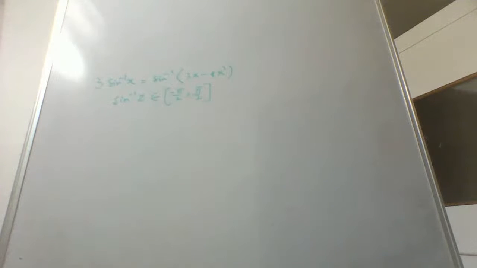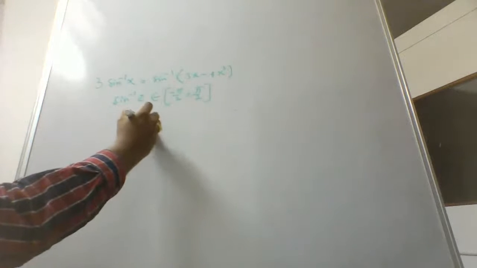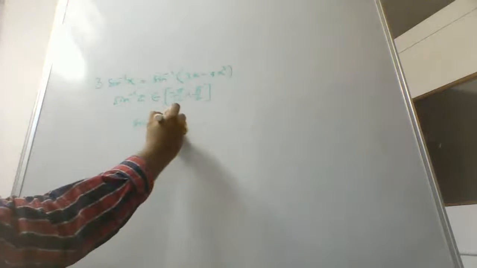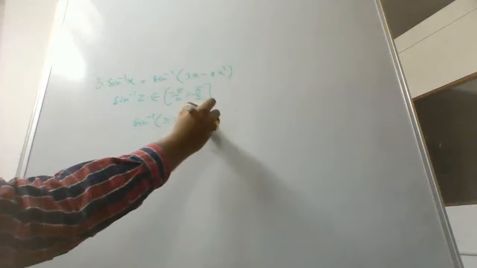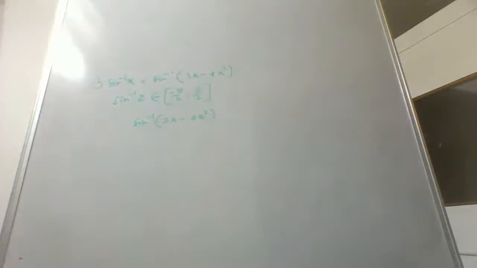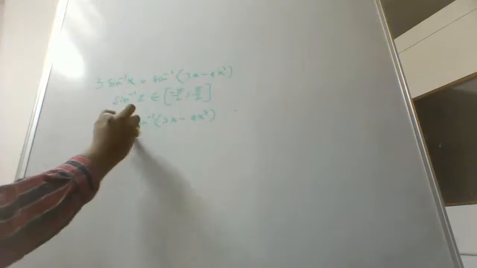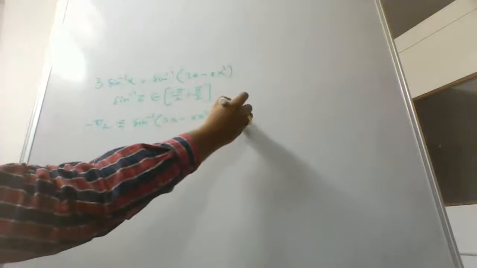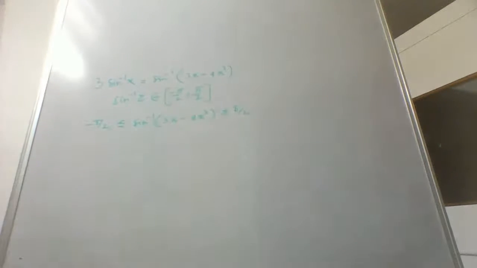Now we have sine inverse of 3x minus 4x cube. Now this lies between minus pi by 2 and pi by 2.